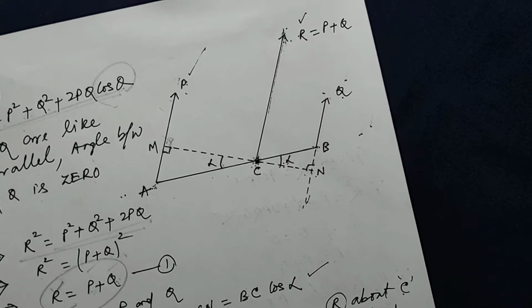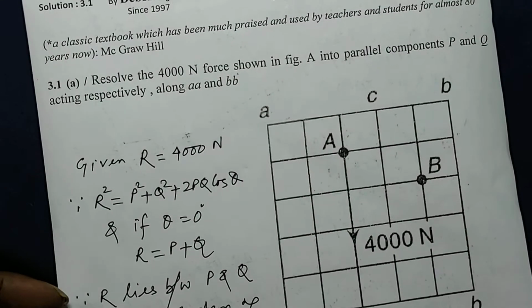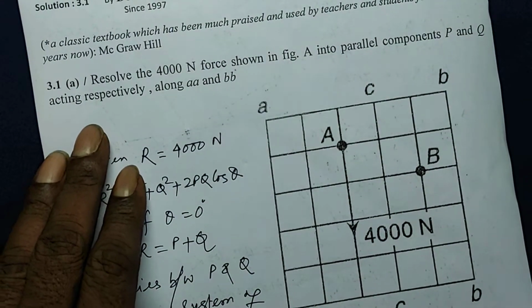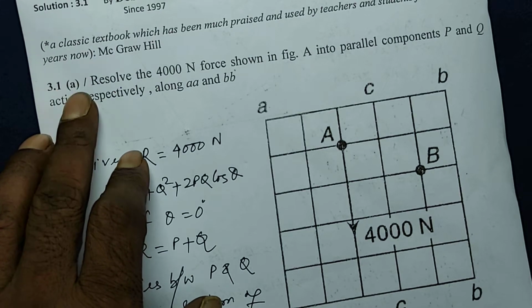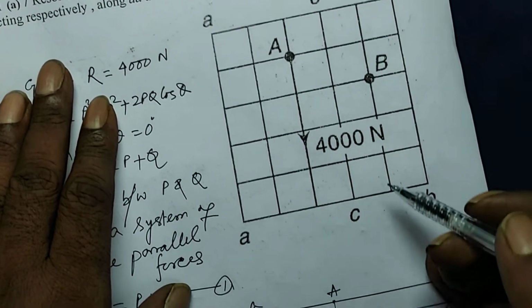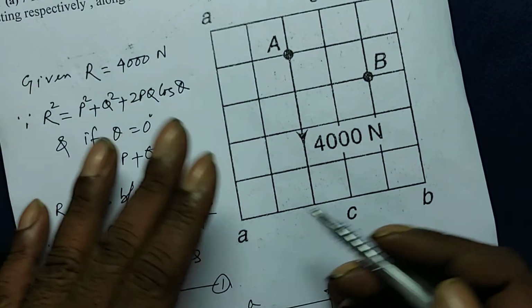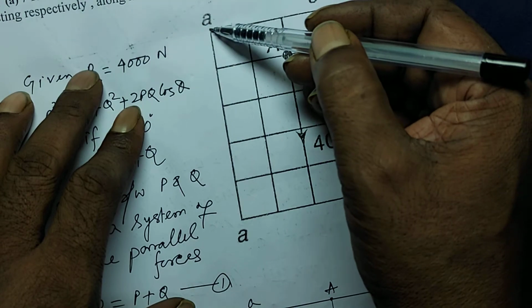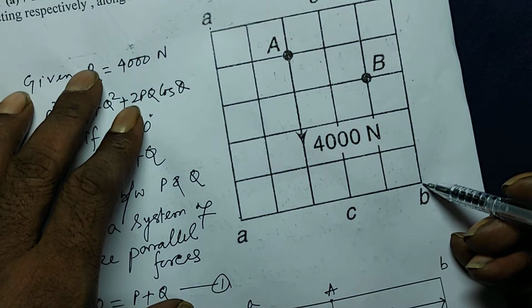Once that is understood, now let us go back to the solution. The solution part, problem set 3.1, solution to 3.1, part A. If you look at the diagram, this is the original diagram given in the book. I have redrawn it, enlarged it. This point is small a, this point is B, this point is small b.